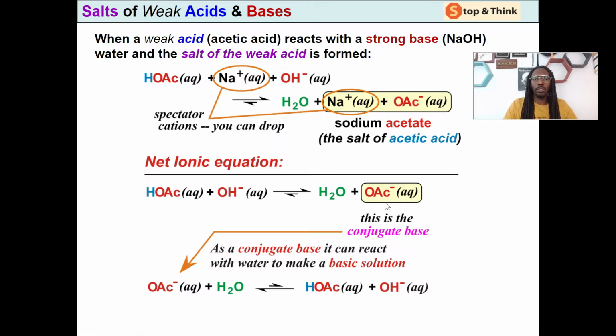Once we produce this conjugate base, it can react with water to produce a basic solution, going backwards with the double arrow. We still know about equilibrium, that's not going to go away. But we understand the conjugate base can react with water to make that basic solution.